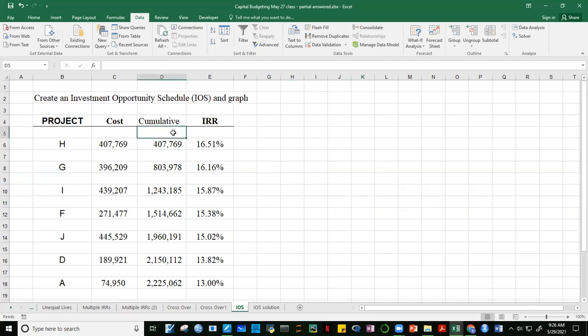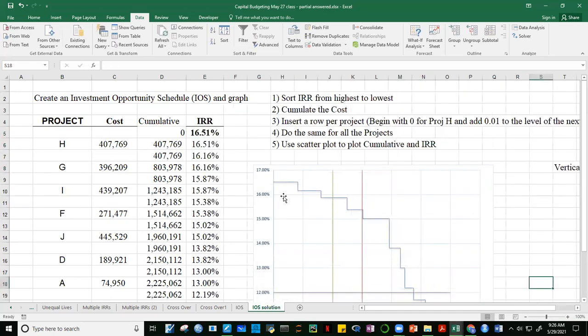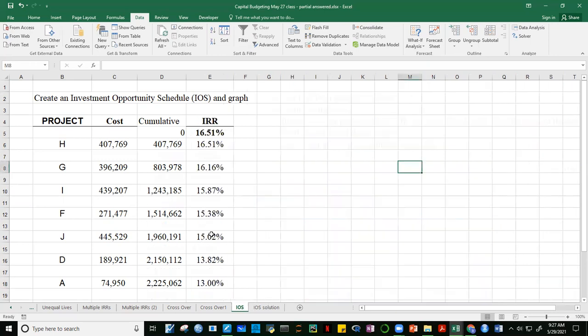So we need to put 0 here, 0 here, 0 to 407,769, the IRR will be equal to 16.51%. So if you take a look at this, guys, this is from 0 up to 407,769. The IRR is 16.51. Okay, so that's how we plot that.